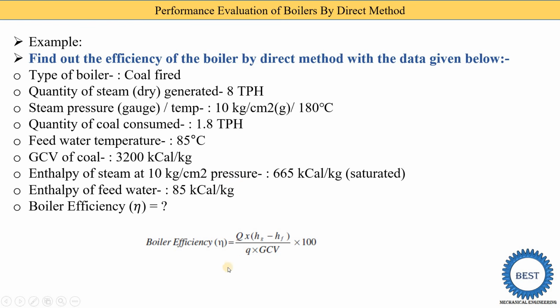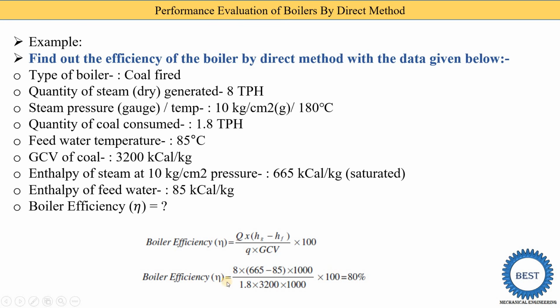So here we multiply this 8 tons by 1000. Hg is given as 665, Hf is given as 85, and this is divided by small q, 1.8, the quantity of coal consumed, which we need to convert into kg. So 1.8 into 1000, and the gross calorific value is given as 3200. So we write it as 3200 into 100.